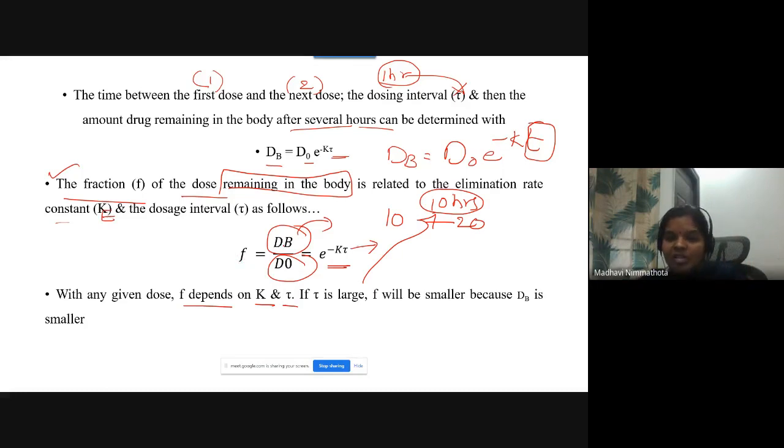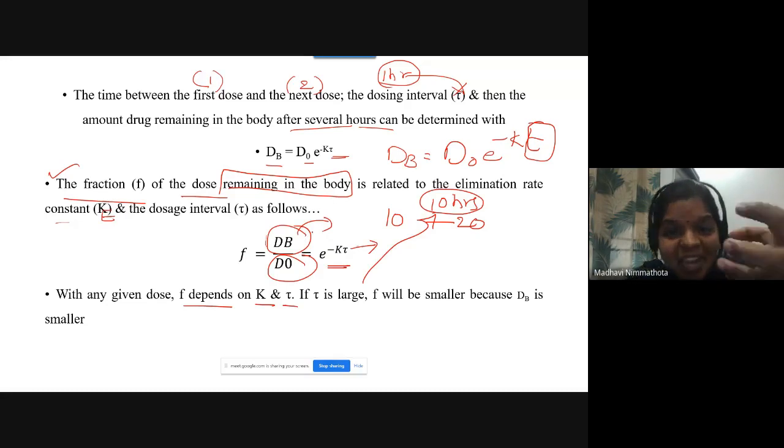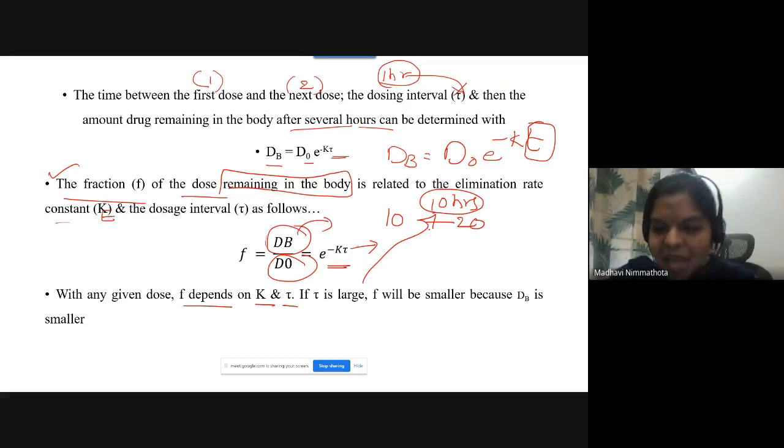Why? Because the drug remaining in our body is small. Why is the drug remaining in the body small here? Because of this much dosing duration, our drug will be eliminated 100%.